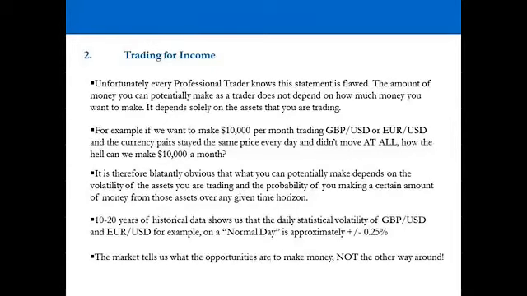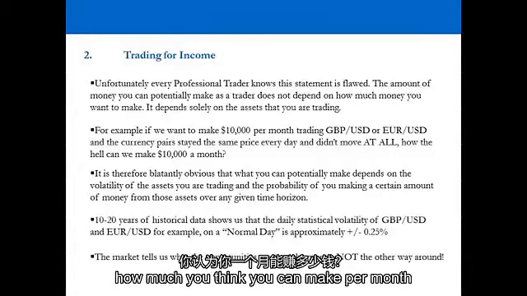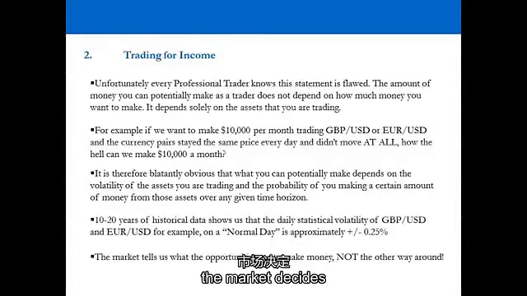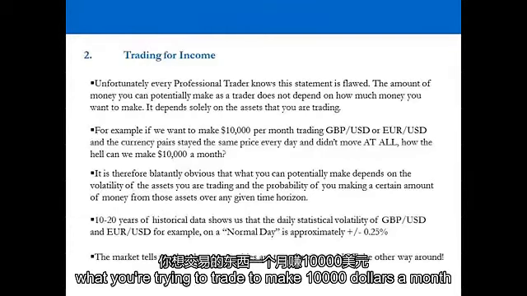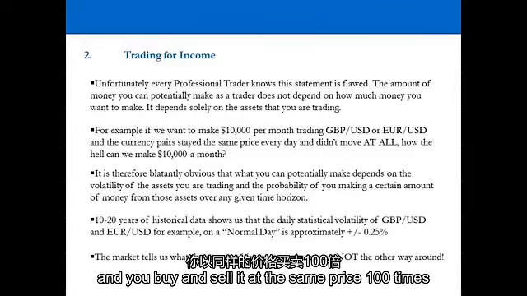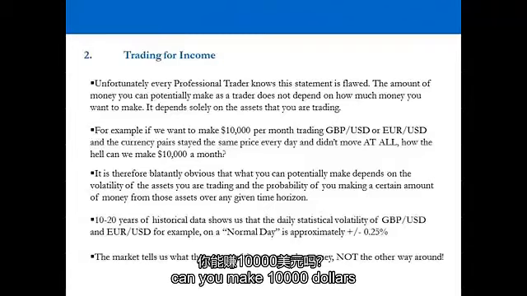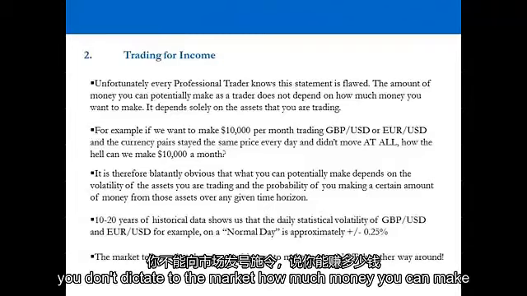Well, it's pretty obvious that if you're dictating to the market how much you think you can make per month, and the market decides, actually, I'm just not going to move. So for 20 days in a row, what you're trying to trade to make $10,000 a month doesn't actually move. It stays the same price. And you buy and sell it at the same price 100 times and pay commission. Can you make $10,000? Of course not.